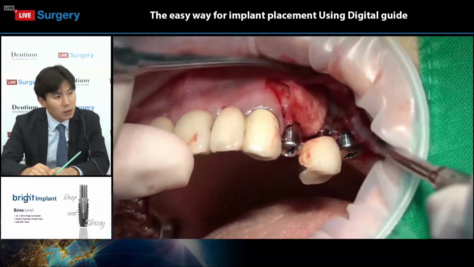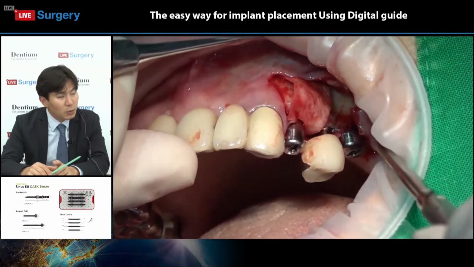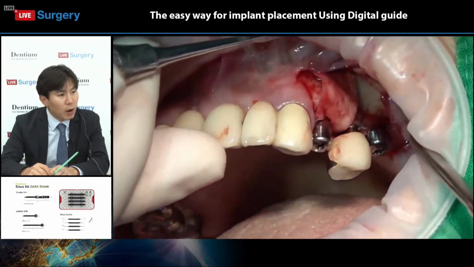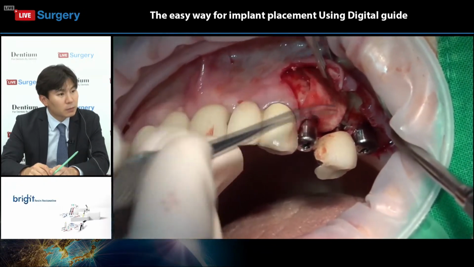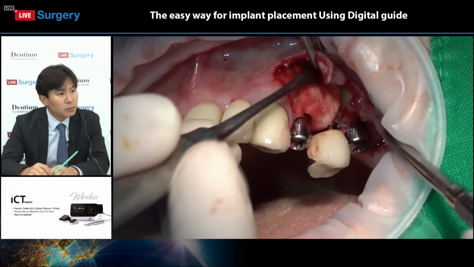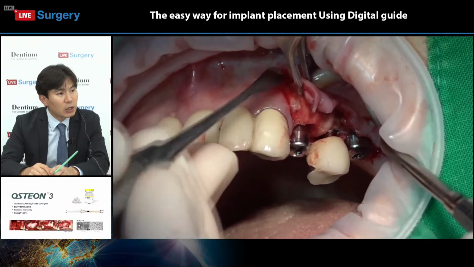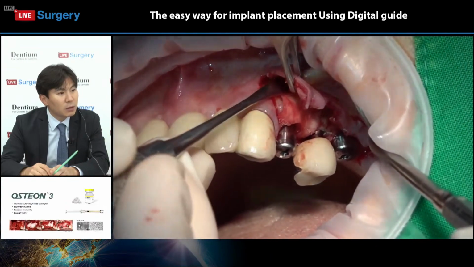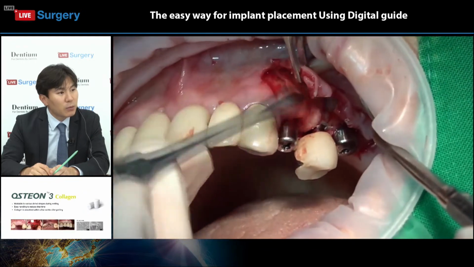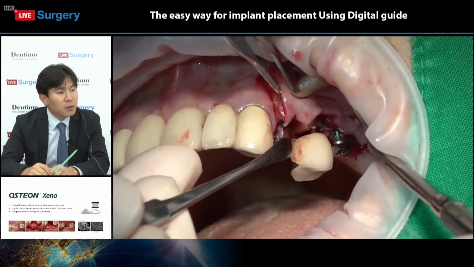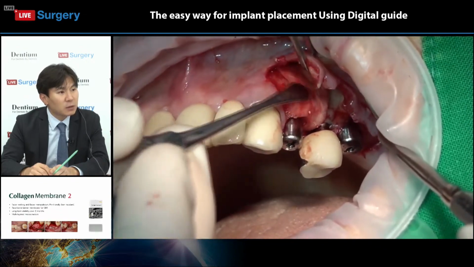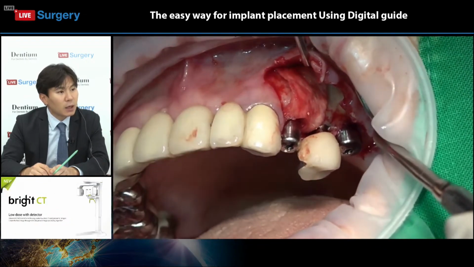And he tucked the membrane below the palatal flap. He's checking the stability of the membrane. The membrane should cover the fenestration defect, like that.